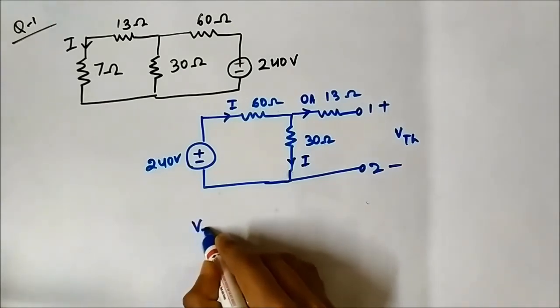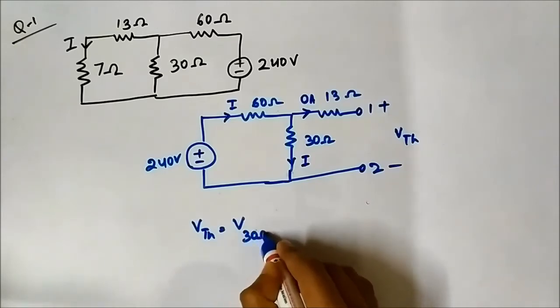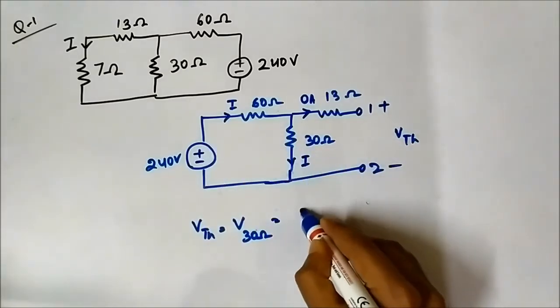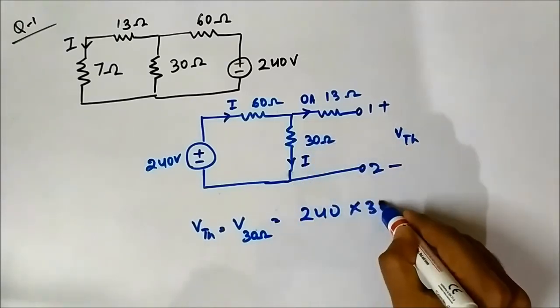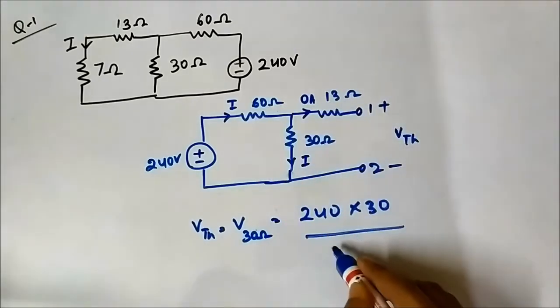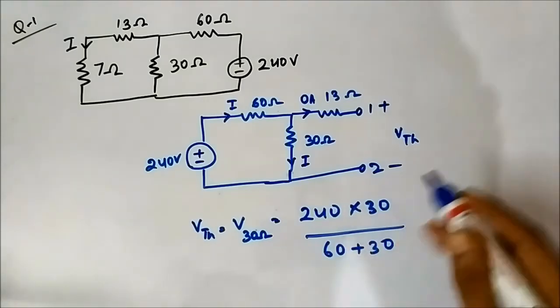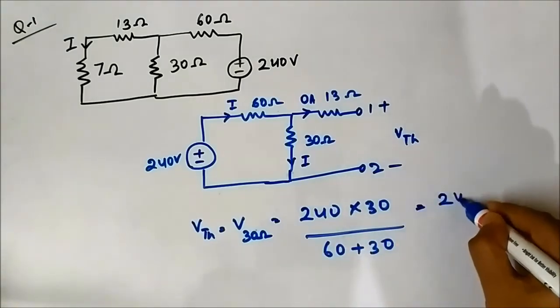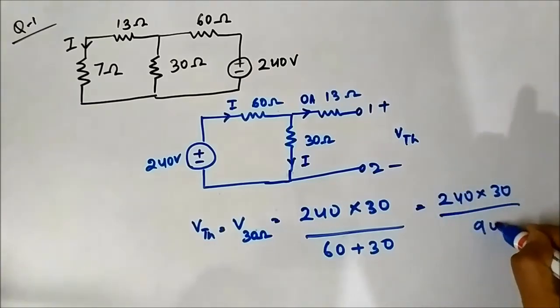So VTH is equal to the voltage drop across 30 ohm resistor, 240 into 30 by the sum 60 plus 30. So it is 240 into 30 by 90.